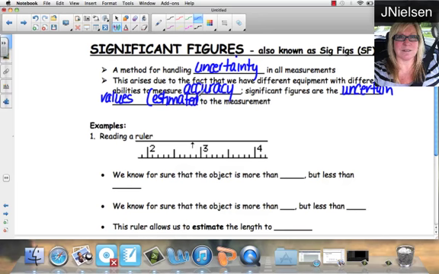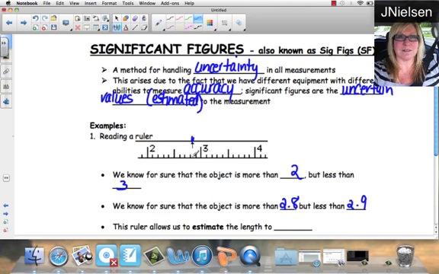So when we're looking at this ruler and we're examining this mark right here where the arrow is, we know for sure that this object is greater than 2, but less than 3. We also know for sure that, because if this is 2 and this is 3, this is 2.5, which means this is 2.6, 2.7, 2.8. So we actually also know that this is greater than 2.8, but less than 2.9.